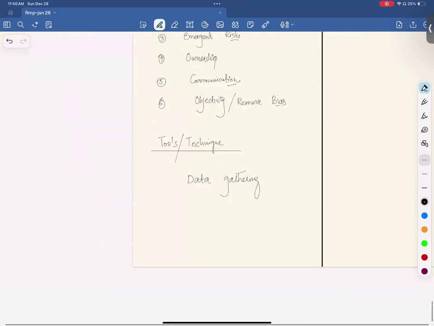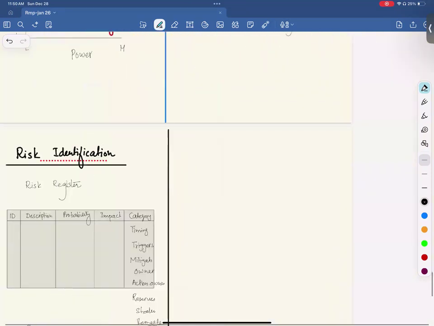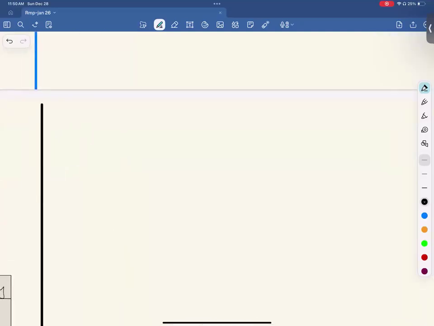All these things that we use. In addition to that, we use other techniques as well. For example, we use assumptions and constraint analysis.